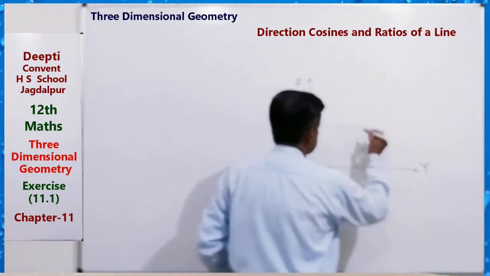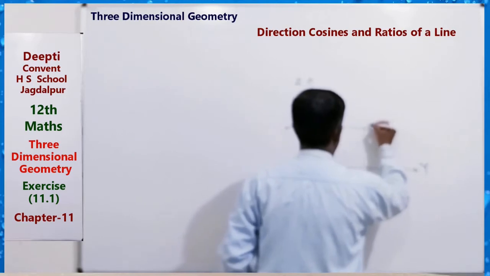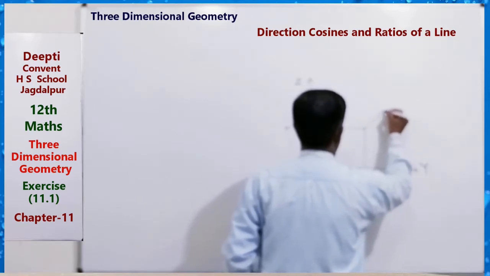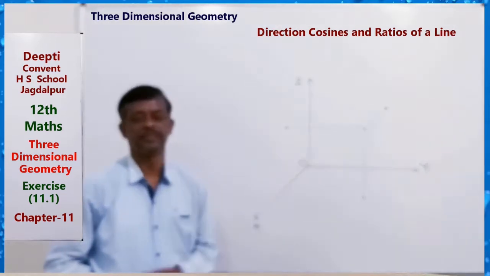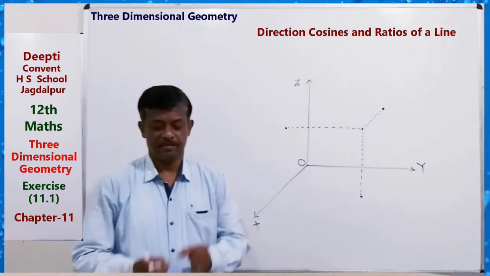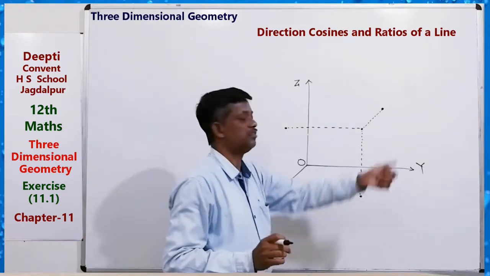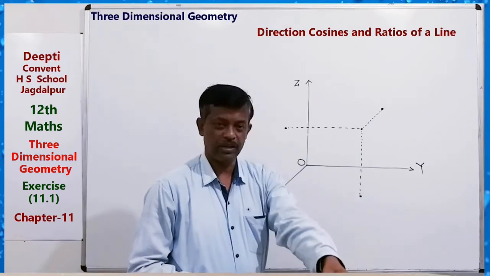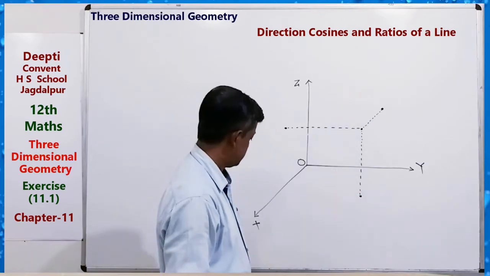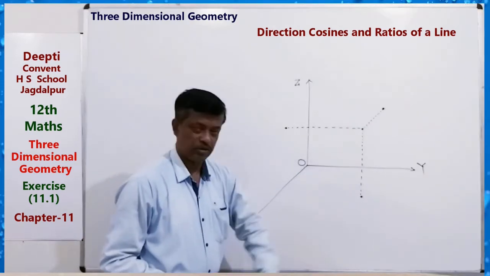Then suppose from this point we draw a perpendicular to the yz plane. Okay, x, y and z. The xz plane means this, the yz plane means this. This is the xy plane.